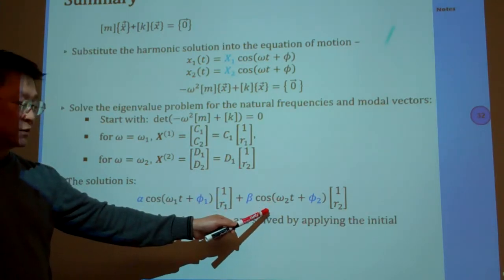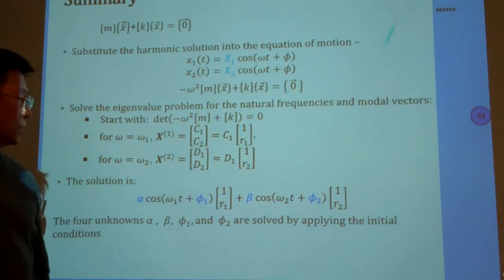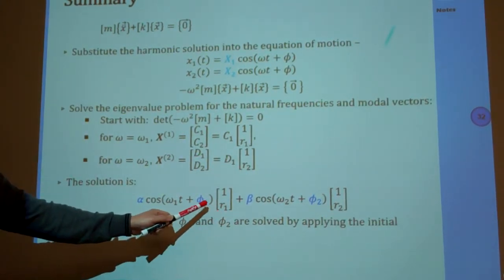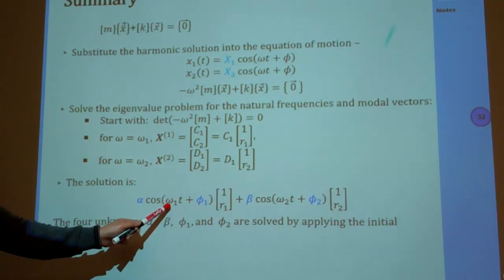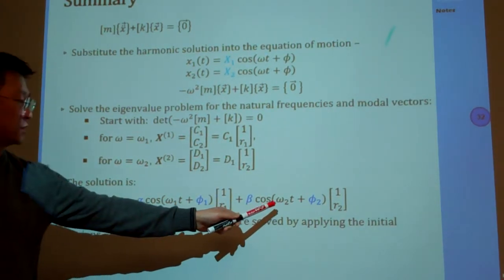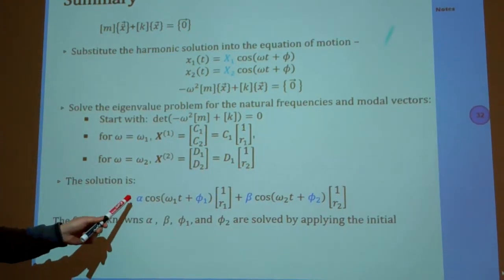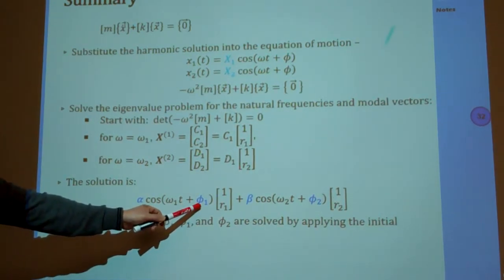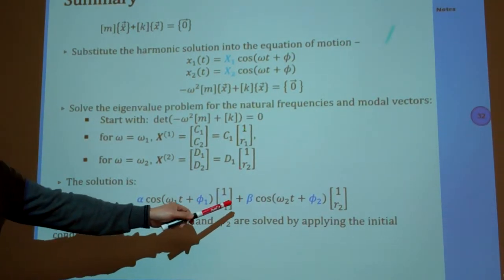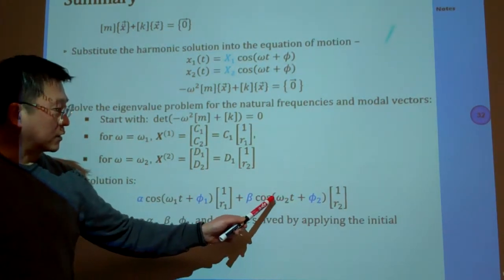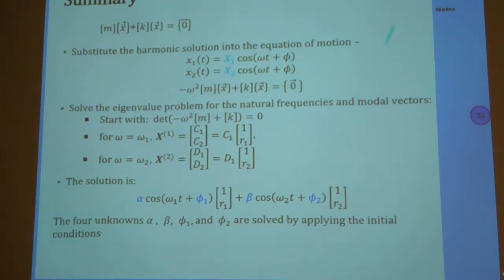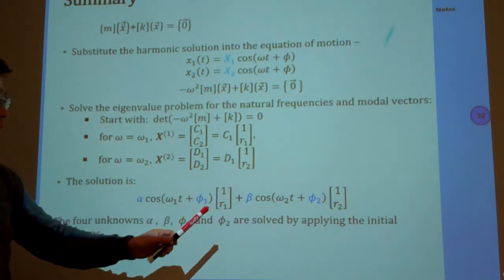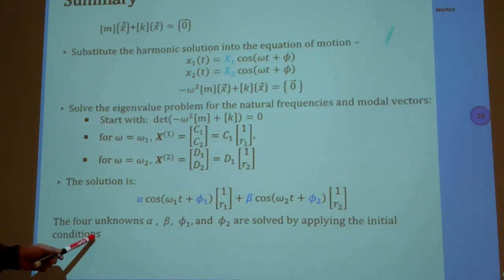That still assures the harmonic form, because this one is associated with the first modal vector, it must be in harmonic form of the first frequency, and in a similar way for the second frequency. Here alpha is the amplitude of this harmonic, phi 1 is the phase angle, and similarly beta and phi 2 are associated with the second mode. So in total, for 2 degrees of freedom, we have 4 unknowns, and we should be able to solve them by the initial conditions.